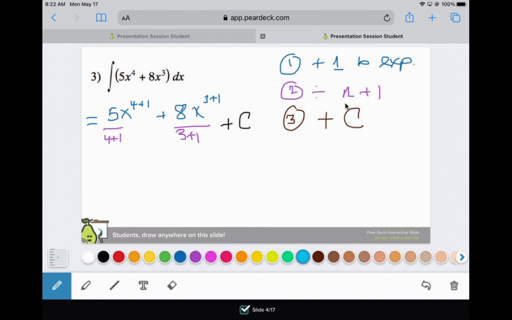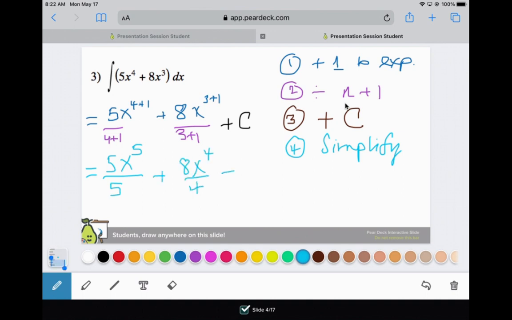So this step right here, step 4, we're going to simplify the function. 5x to the 5th power divided by 5 plus 8x to the 4th power divided by 4 plus c. I can simplify again because the 5 cancels out.